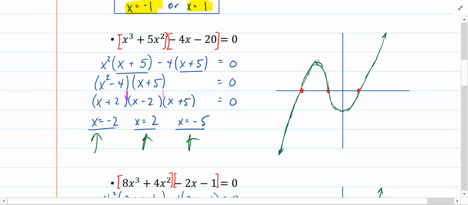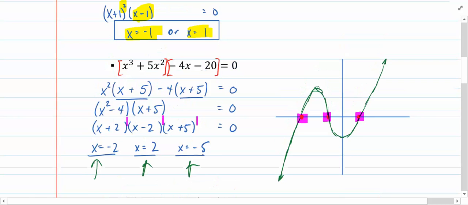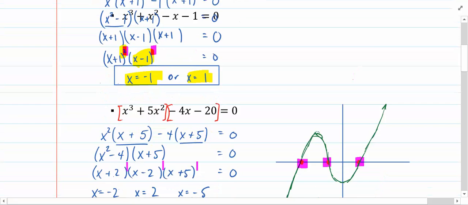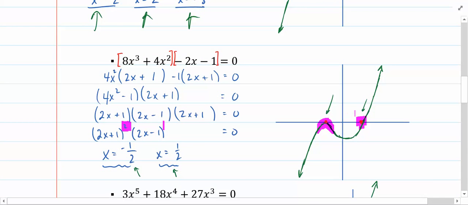In this first example back here, we had, again, an odd multiplicity for each of those zeros, and that's what allowed the graph to cross the x-axis. And we even saw that in our very first example in that last video, an even multiplicity and an odd multiplicity that again produced a graph very similar to this example here.